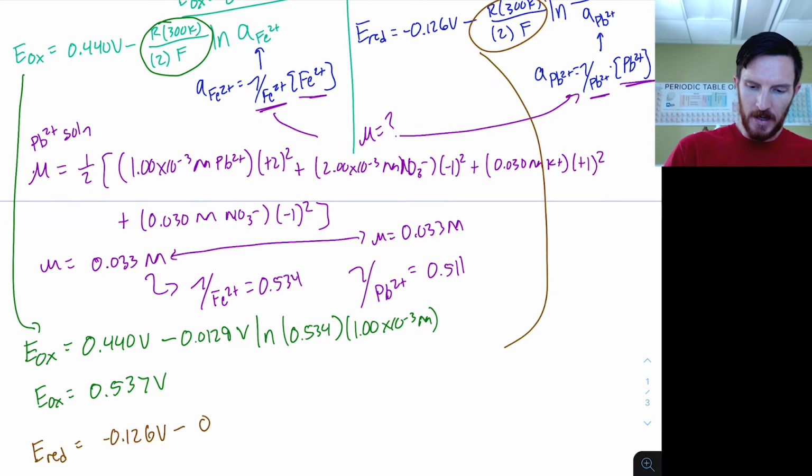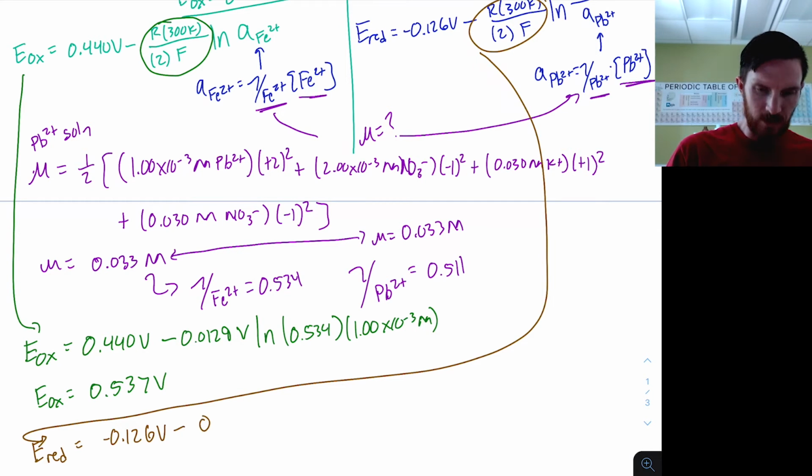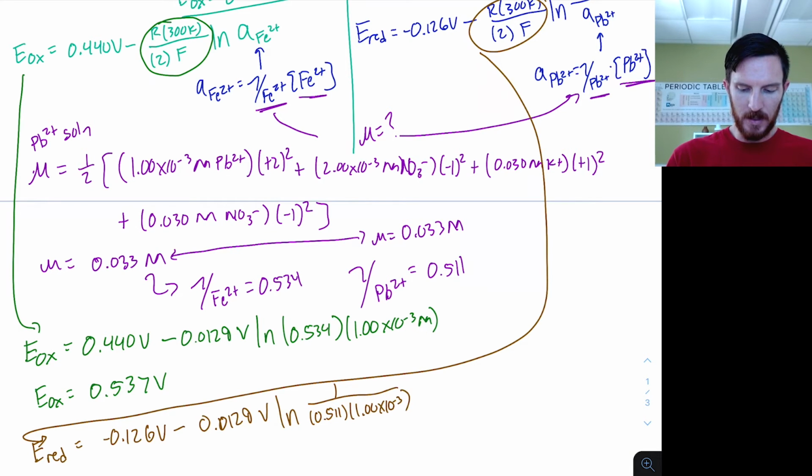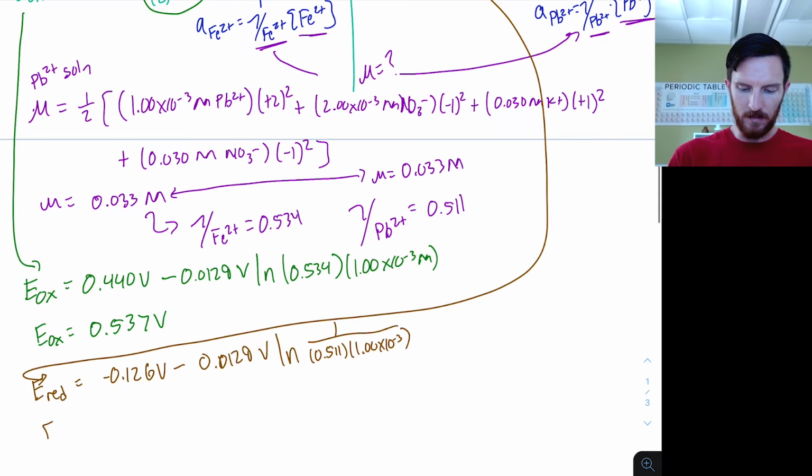Again, we plug in everything for the different species present in our solution: 0.0129 volts, natural log, 1 over the activity coefficient of our lead ions, 0.511, and the actual concentration, 1 times 10 to the negative third. That gives us a reduction potential of negative 0.224 volts.